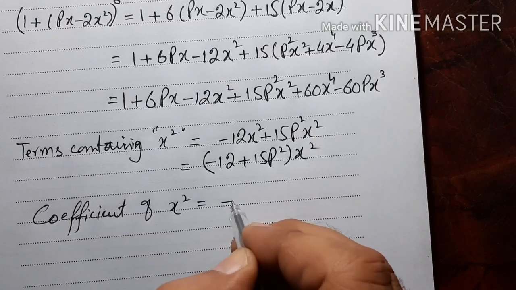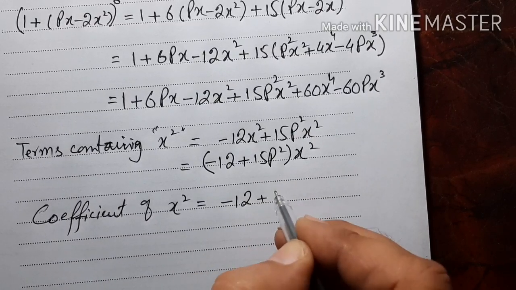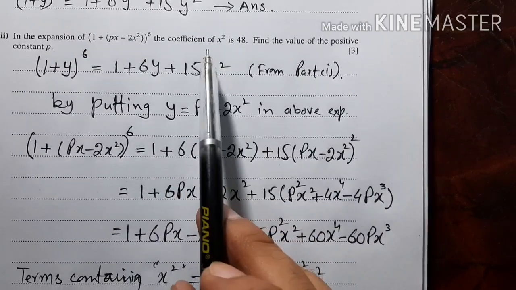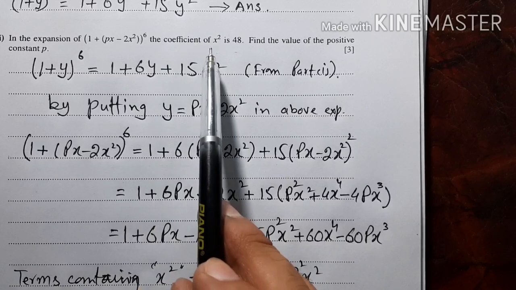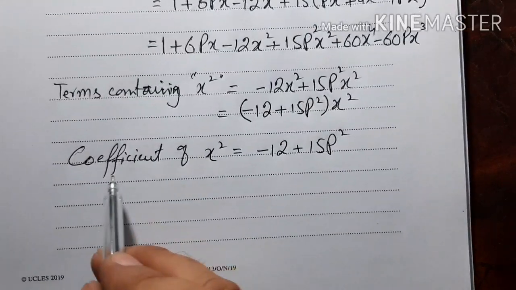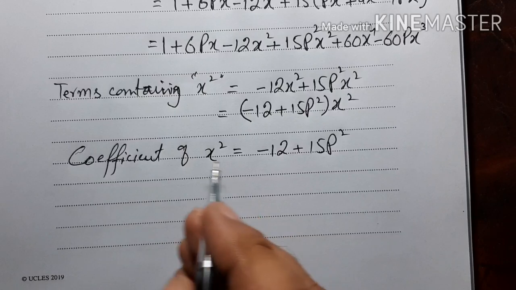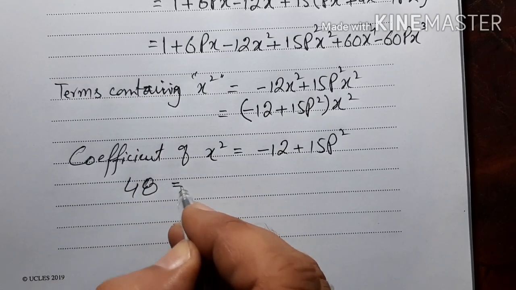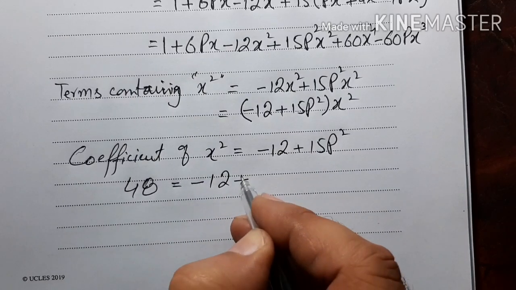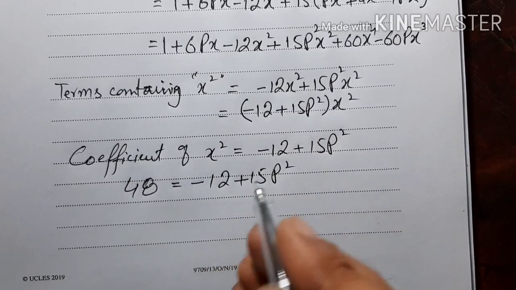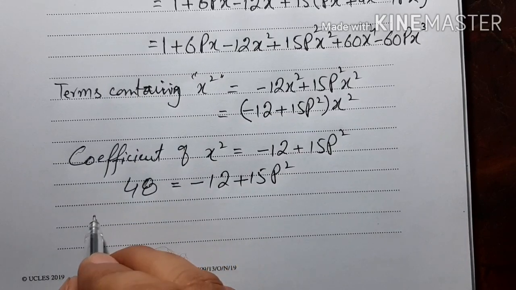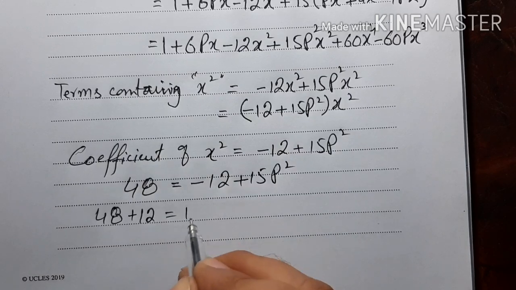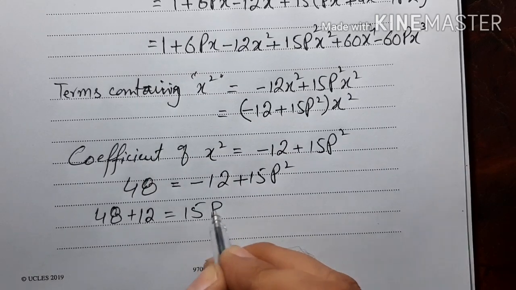is actually minus 12 plus 15p square, but in the question the coefficient of x square is given as 48. So I'll put the value of the coefficient of x square here. I'll get 48 is equal to minus 12 plus 15p square. I'll take 12 to the left side, so it will become 48 plus 12 is equal to 15p square.